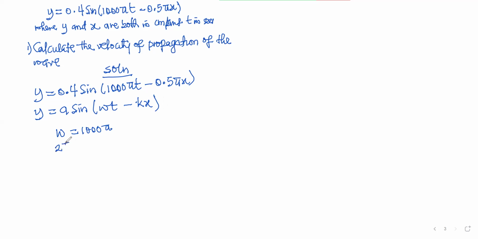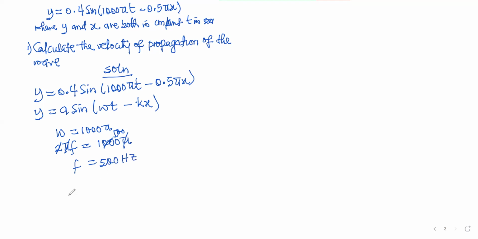Therefore, 2 pi f is 1000 pi. Pi will cancel out pi and 2 would go into 1000. So you have frequency to be equal to 500 hertz.